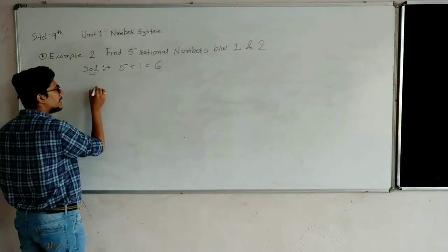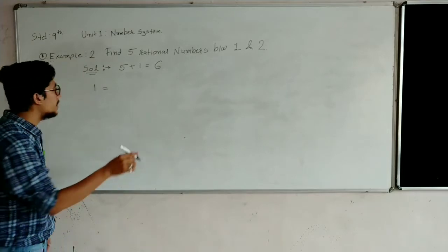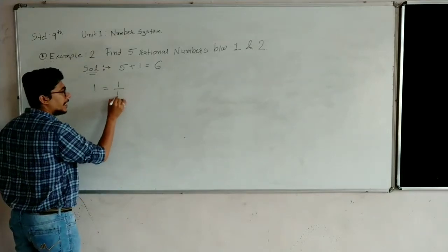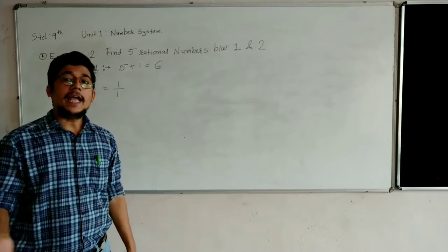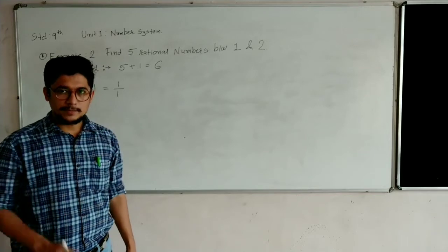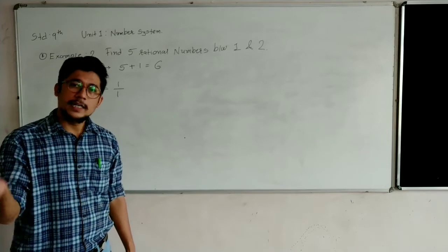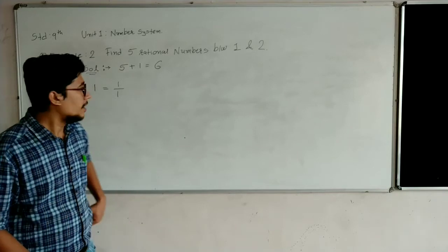Now can I say 1 can be written in the form of a rational number as 1 upon 1, as we discussed in the last class? Any positive integer is a rational number. Any whole number is a rational number. We have discussed this in the last online session.